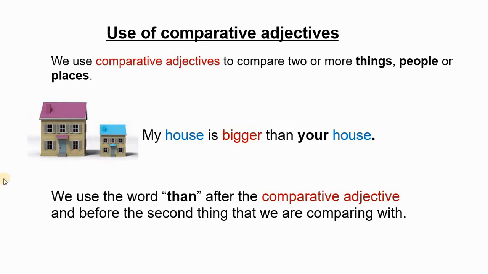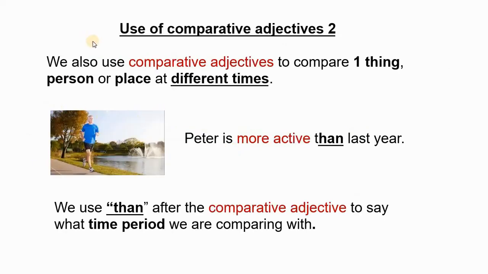So, my house is bigger than yours, or my house is bigger than your house. So, this is the comparative adjective, bigger, here. But sometimes it has more than one word, and that's what we're gonna look at today, the rules. So, use of comparative adjectives.